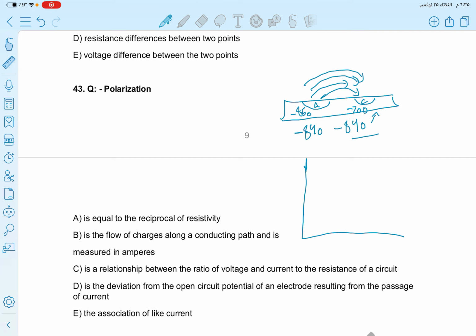So this is the terminology of polarization: the potential will change over the time. For example, if we have here the anode more negative and the cathode more positive, the potential for the cathode will go more electropositive and the anode will become more electronegative.